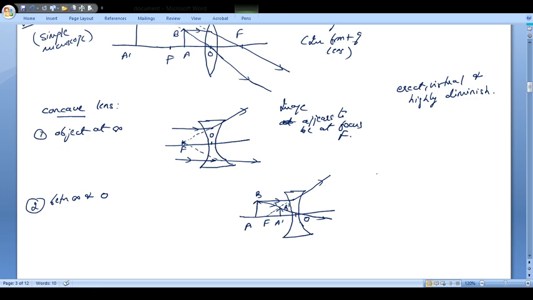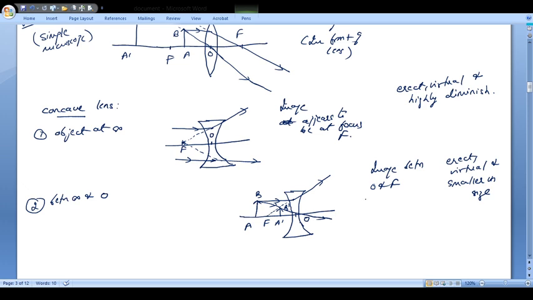So here you will find that your image is between O and F. And how is it? It is erect, virtual and smaller in size. You will find that the image is between O and F on the same side of the object.